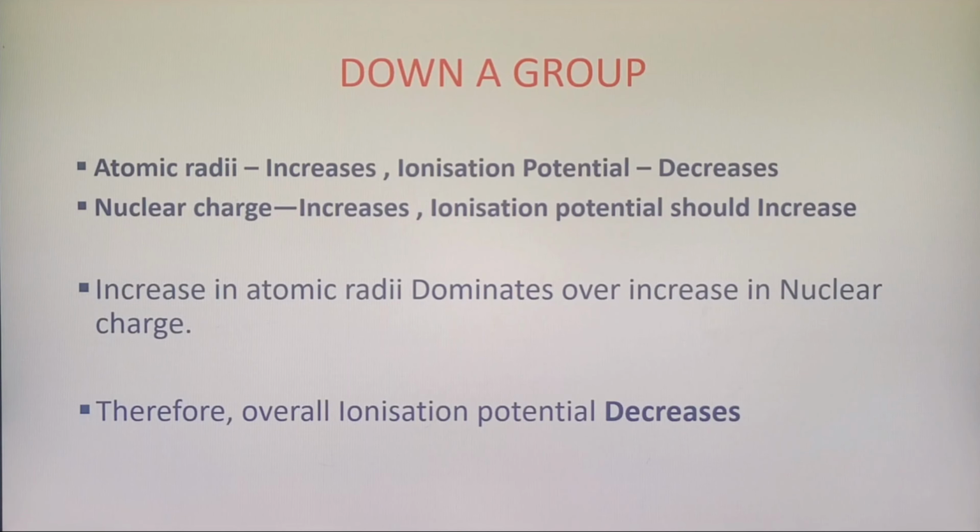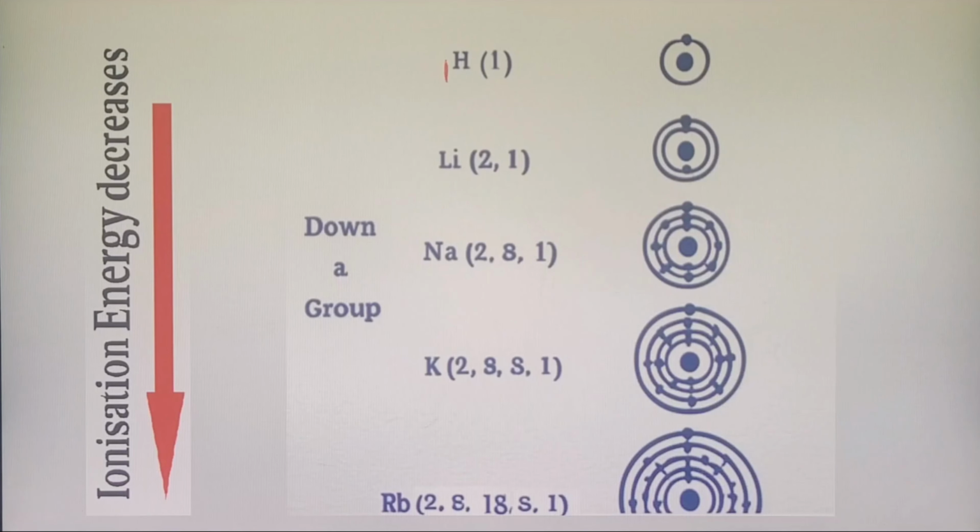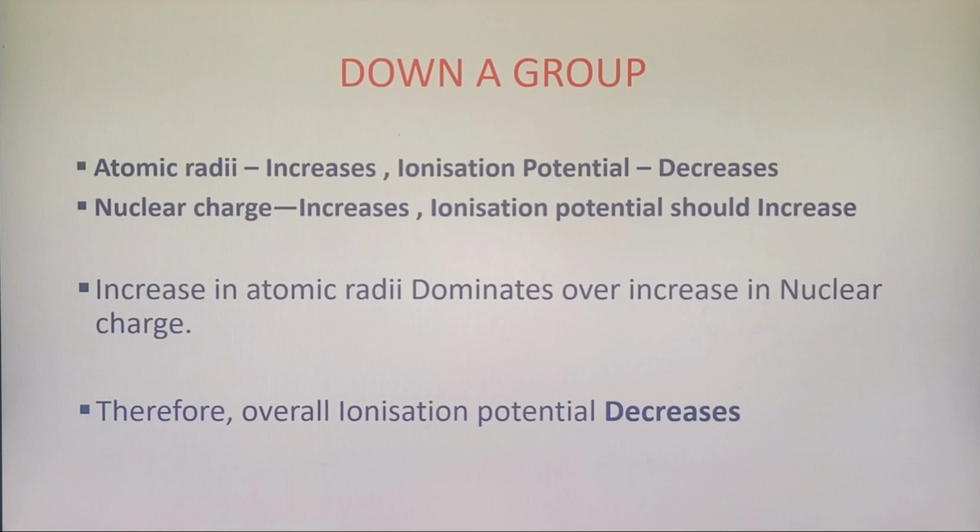The second factor affecting is nuclear charge. Now if you have a look at the atoms, hydrogen has an atomic number of 1, lithium has an atomic number of 3, sodium has 11, potassium has 19. So what is happening to the nuclear charge here, children? The nuclear charge is increasing.